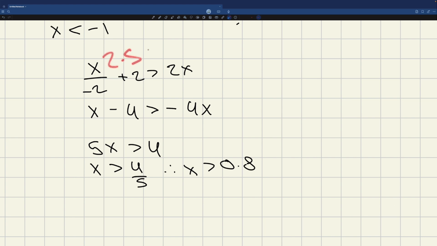So 2.5 is larger than 2. That is a correct statement. Therefore, in one case, this is correct. And because we showed clear algebraic working, one case is just enough to prove our solution correct.